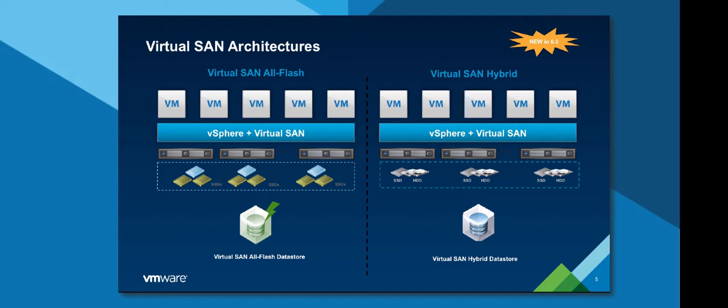And for those of you who don't remember, the purpose of the solid state disk inside of that hybrid group was to provide a read cache and a write buffer to everything else, which made virtual SAN perfect for things like VDI, cloud workloads, and it was also very quickly adopted for things like test and dev tier 2, tier 3 workloads very early on, because everybody wanted to see that work.